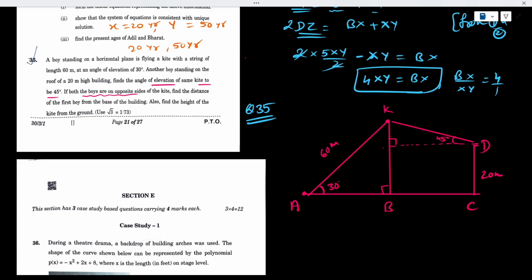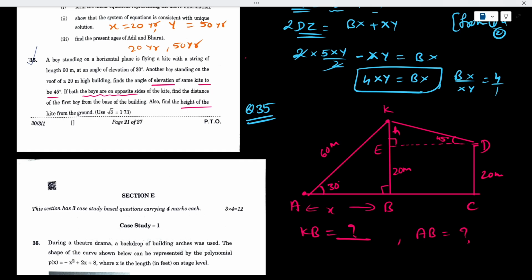So what are my two triangles here? Triangle KED and triangle ABK, right? Then here also the opposite will be 20-meter. I can take this as H, and if I take this as X, because what do I need to find out here? The height of the kite, which is KB. So here KB is unknown, AB is missing.